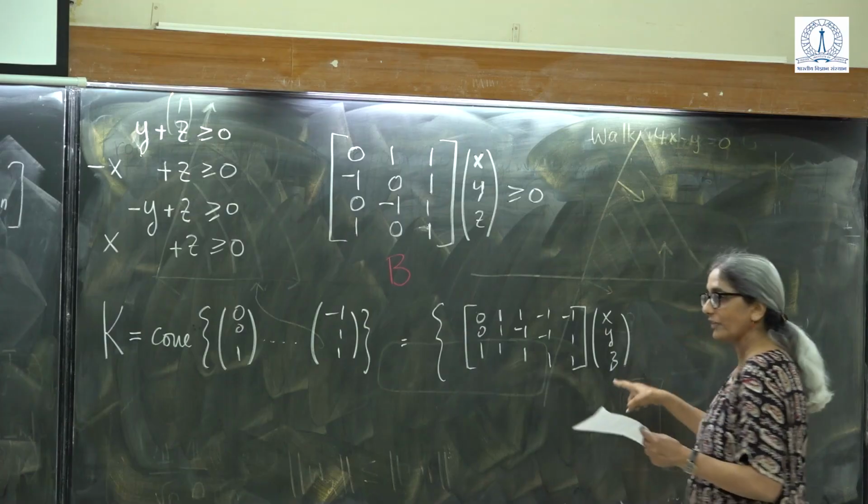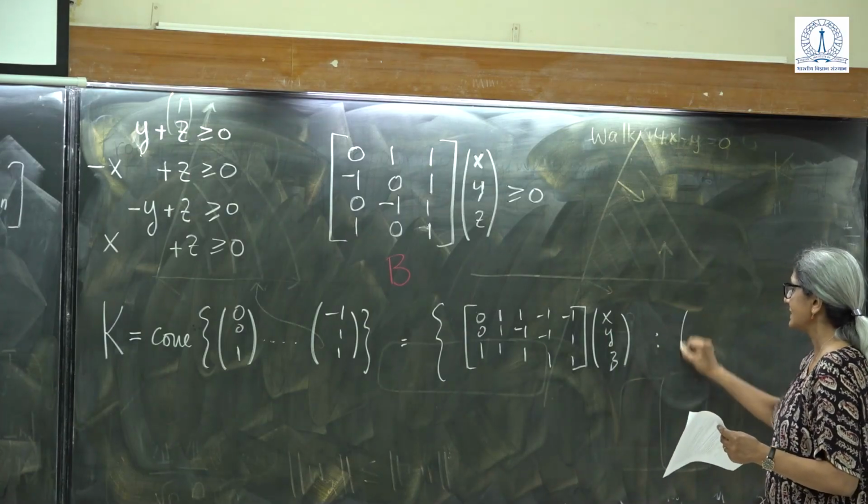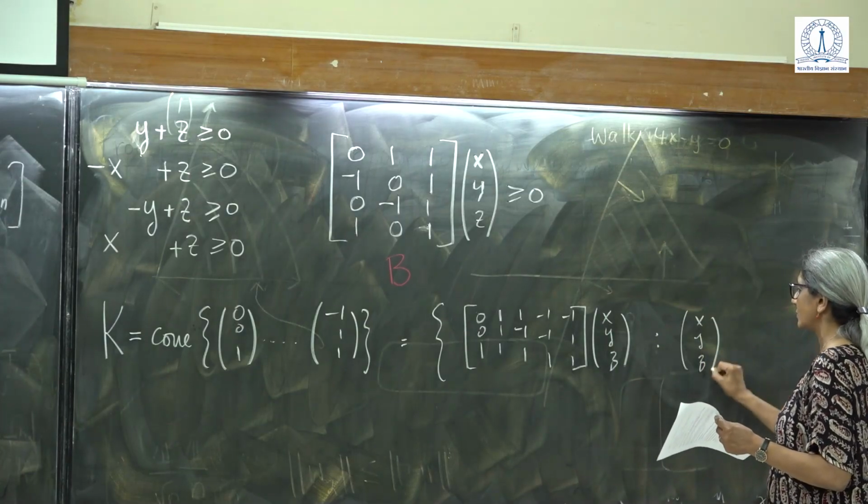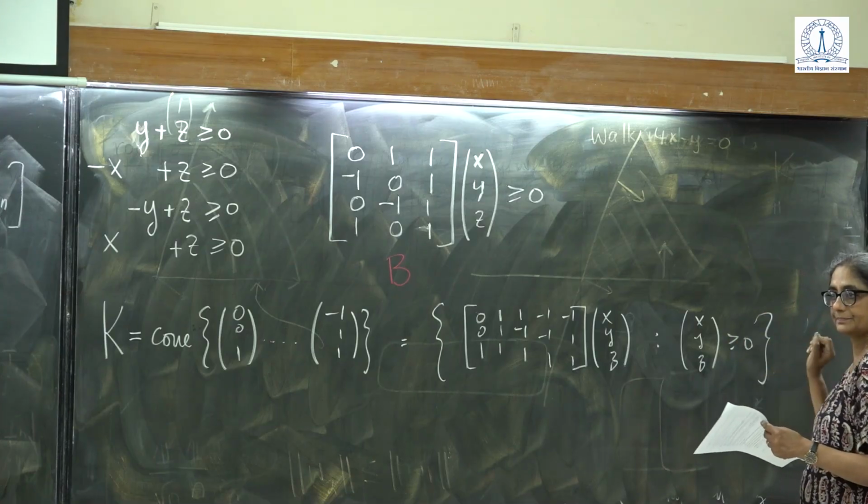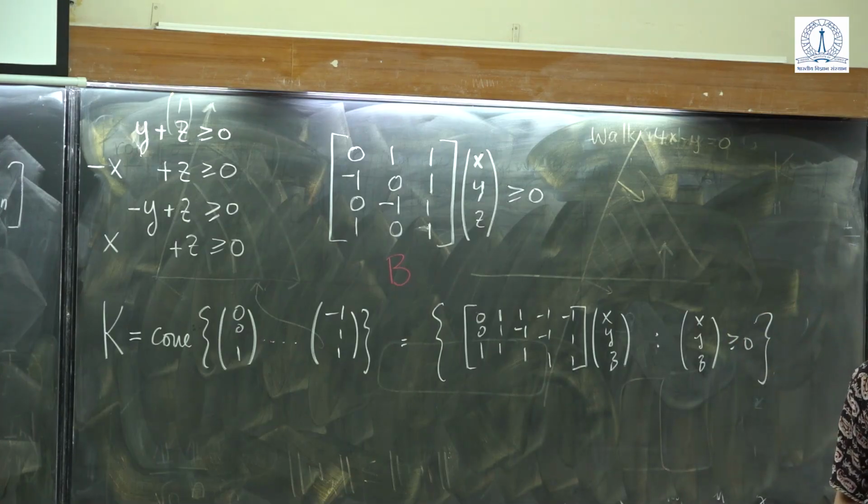But now there's no greater equal to 0. What I need is that x, y, z is greater equal to 0. That cannot be multiplied that way. It has to be a row multiple. This matrix has 5 columns.